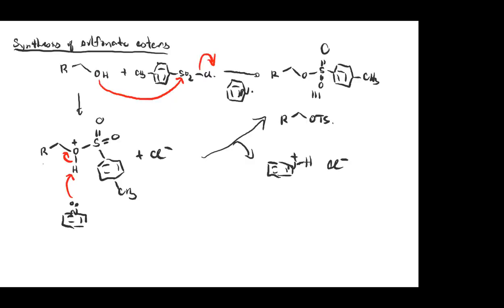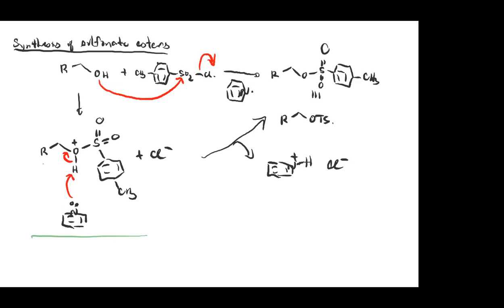Could you go back a slide? Sorry, I think you're going a bit quickly. Yeah. Thank you. So attack of the oxygen of the alcohol, displacement of chloride gets you down to this guy, and then basically proton transfer to pyridine to get to the neutral product.